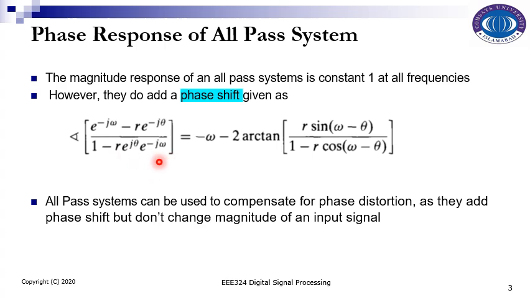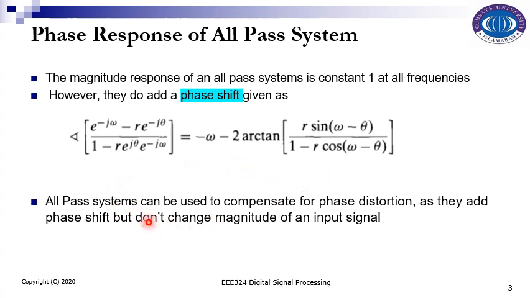So this is the phase for a system which had a pole at r e to the j theta and a zero at the reciprocal location. We can compute the phase for that also from this expression for this all pass system.